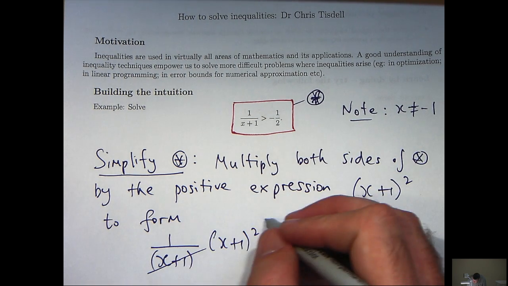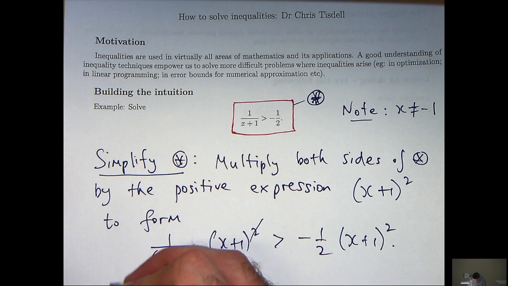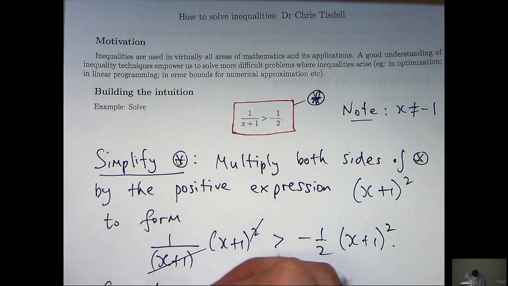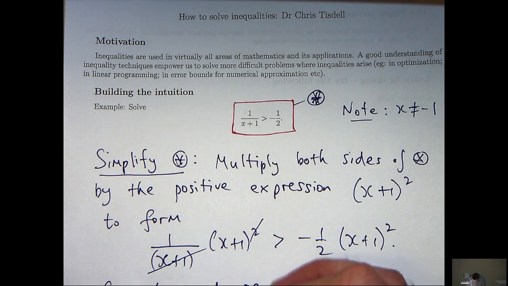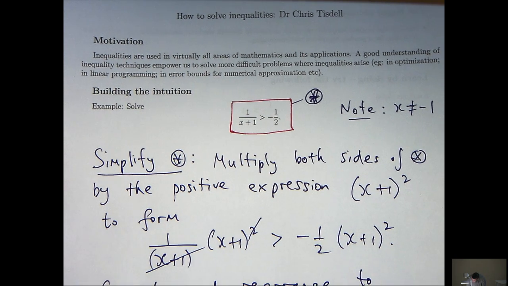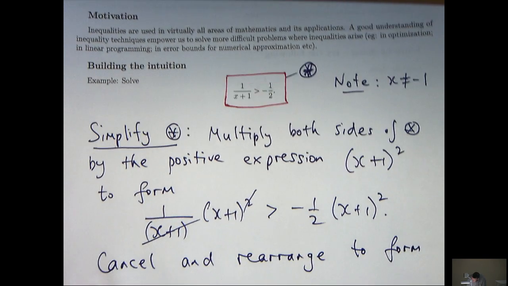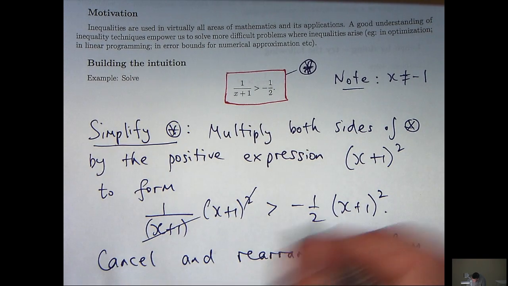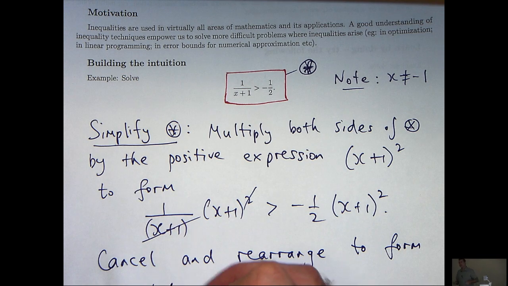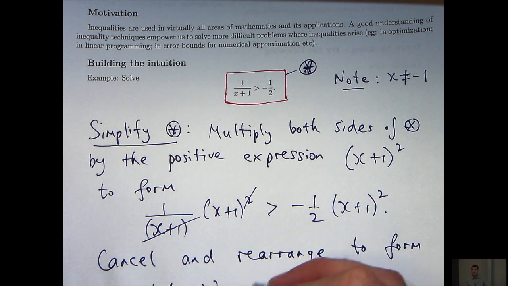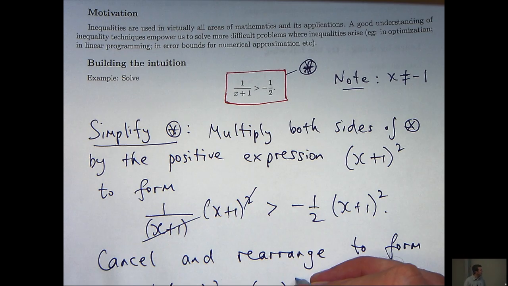Okay, so we can cancel and rearrange. So let's get all the x's on one side. So we can bring that over to the other side, to form the following.